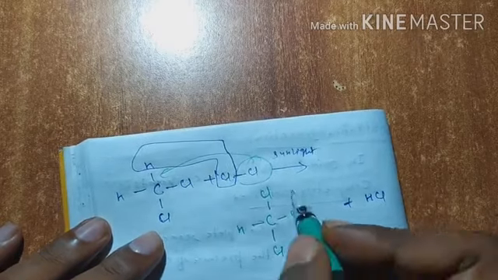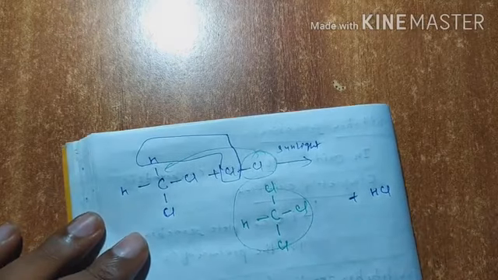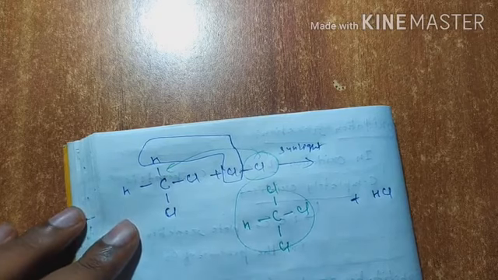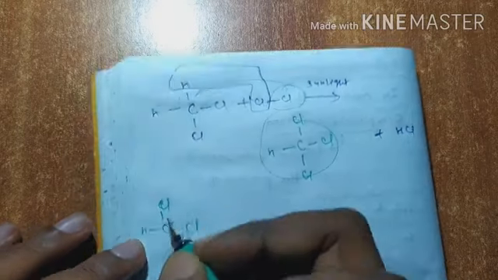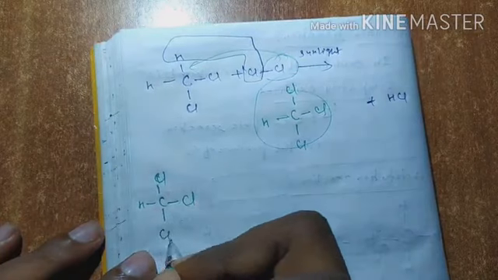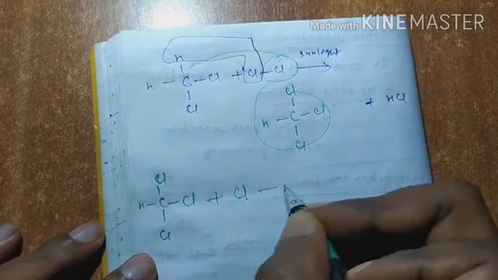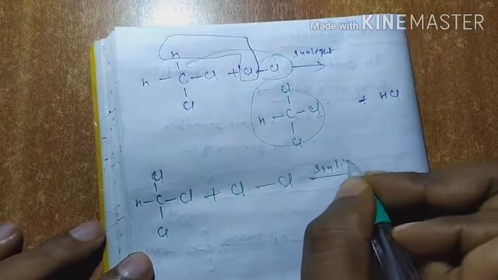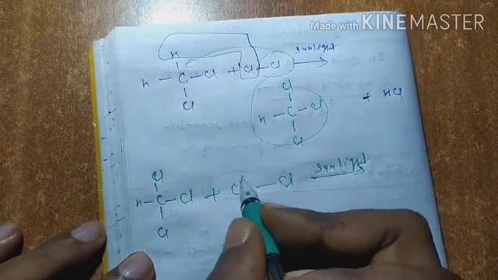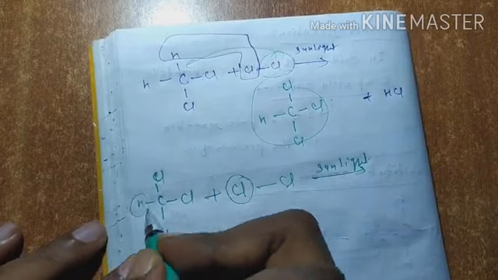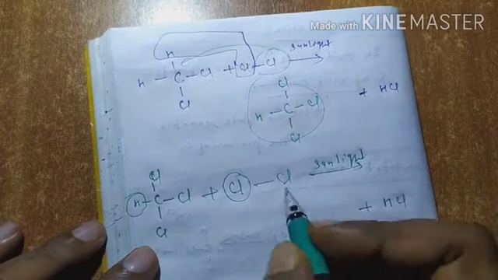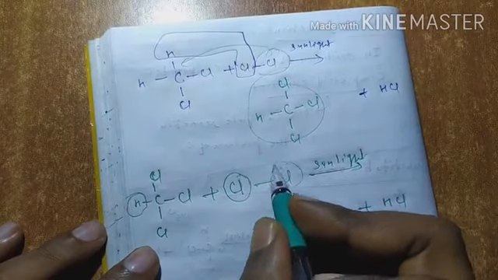In the next step, again they will react with Cl. Here is C, H, Cl, Cl, Cl. Again they will react with chlorine in the presence of sunlight. They will react with this hydrogen and HCl will form, and this chlorine atom will come here.